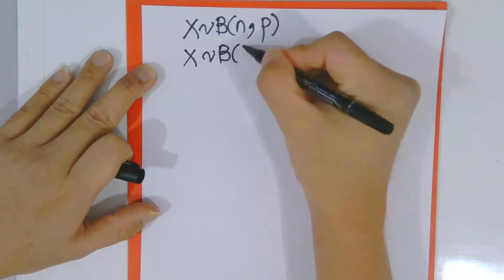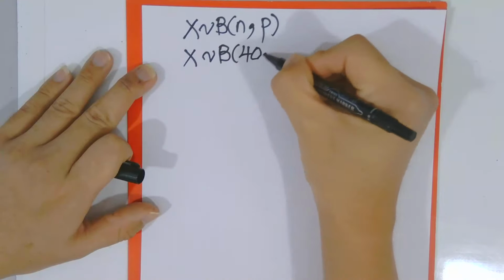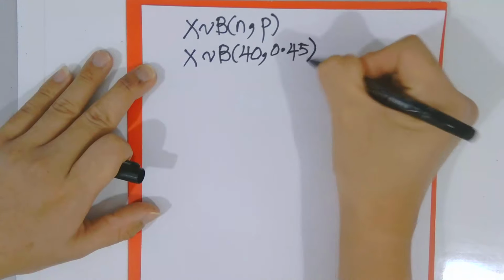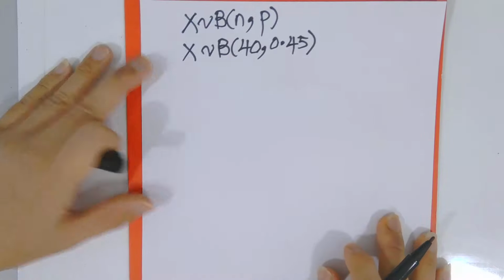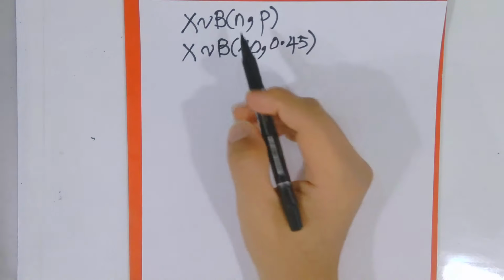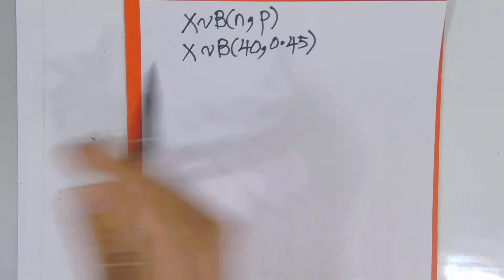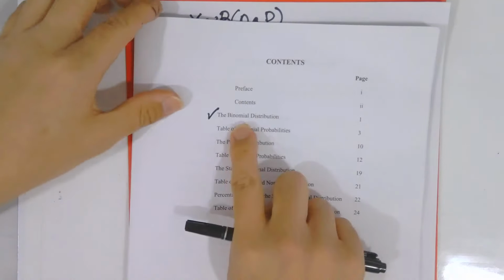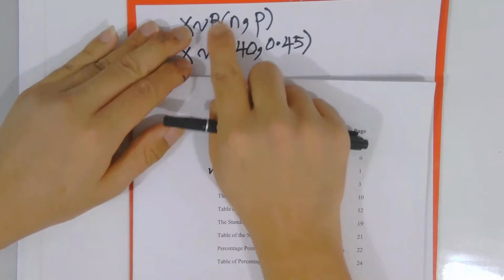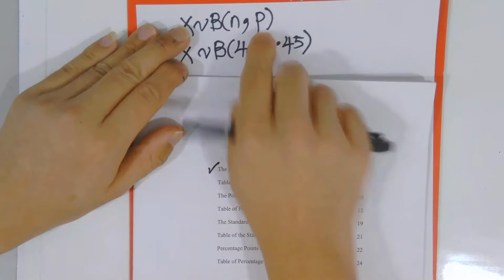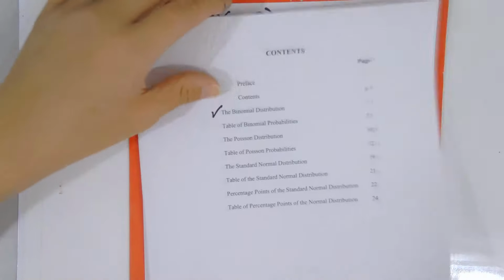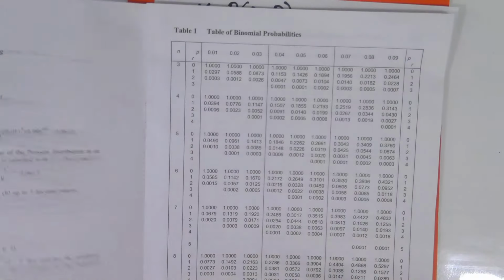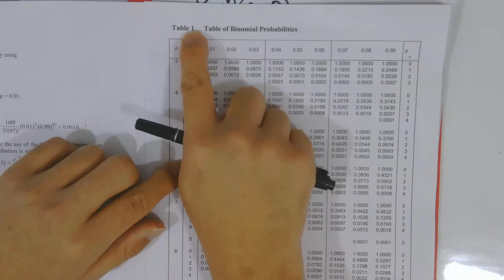If I have a binomial with a sample of 40 and the probability of success 0.45, and you want to find the probability using the statistical table, you always refer to the binomial distribution table, because this is a binomial distribution with number of samples n and p. So very simple, you go for the binomial distribution table, which is table 1.